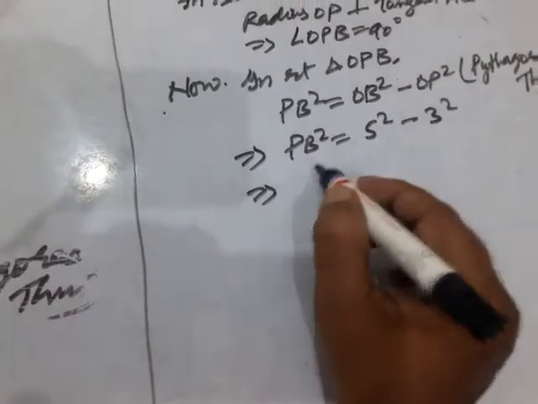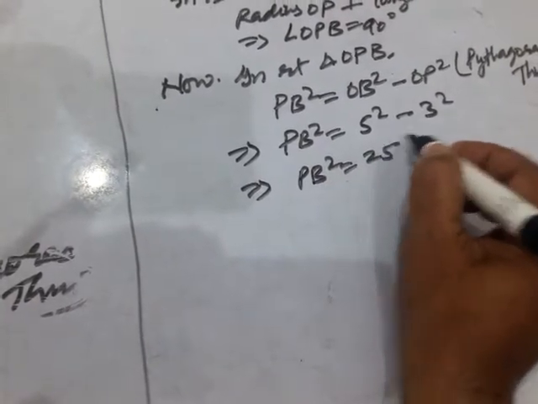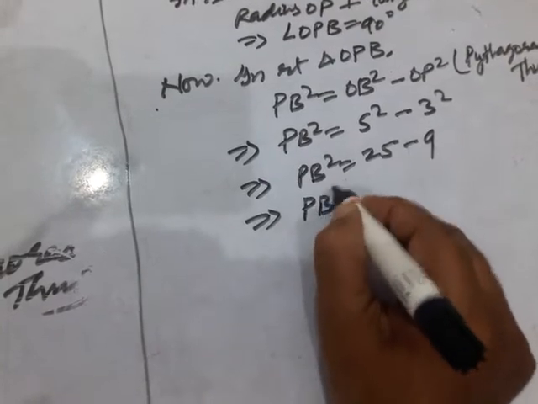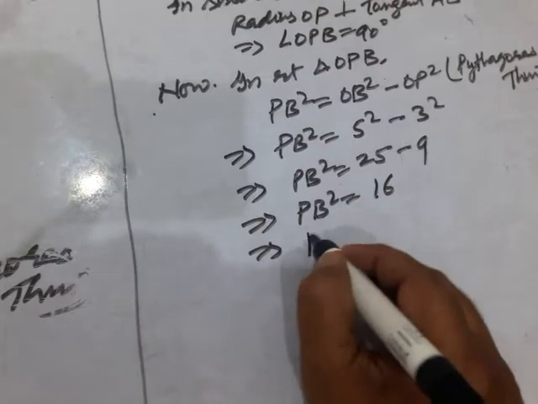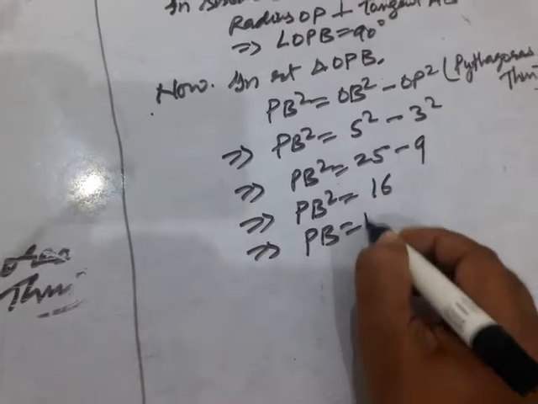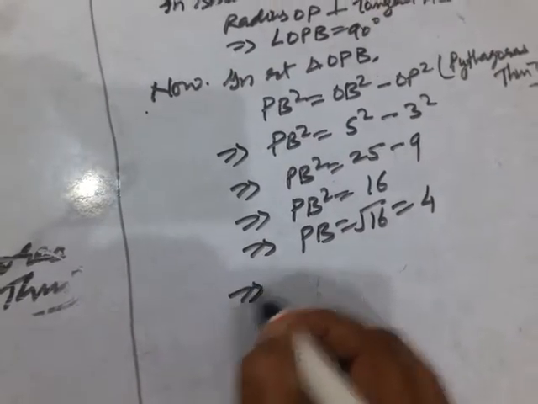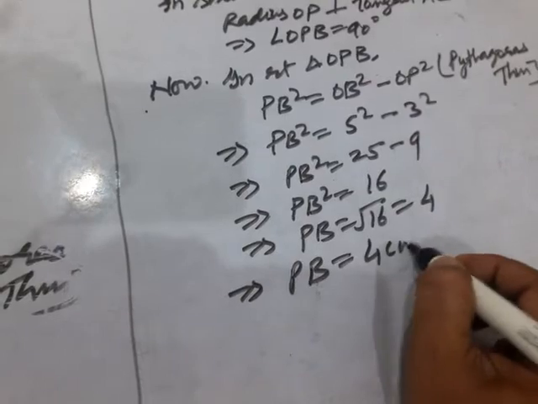So PB square equals 25 minus 9, which is 16. This implies that PB equals under root 16, and that is equal to 4. So PB equals 4 centimeter.